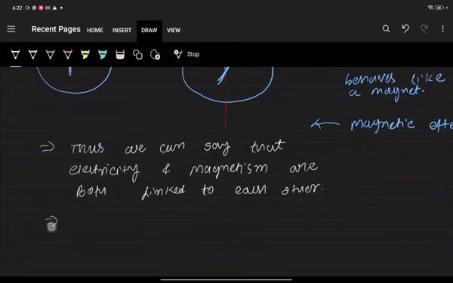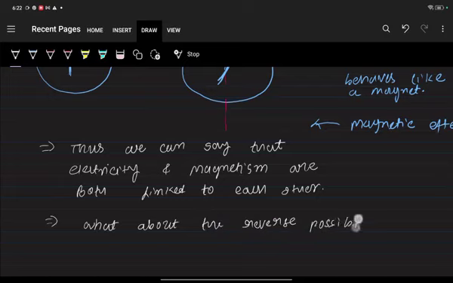So then what about the reverse possibility, of moving a magnet?